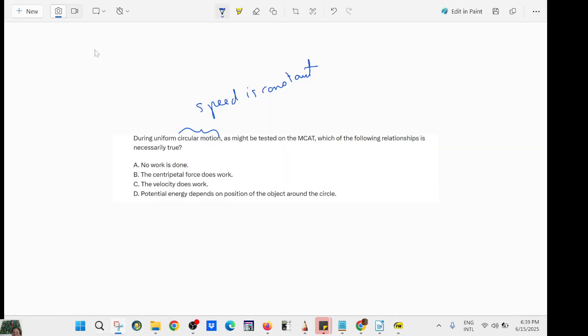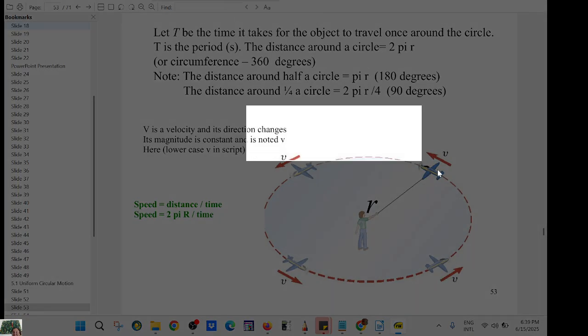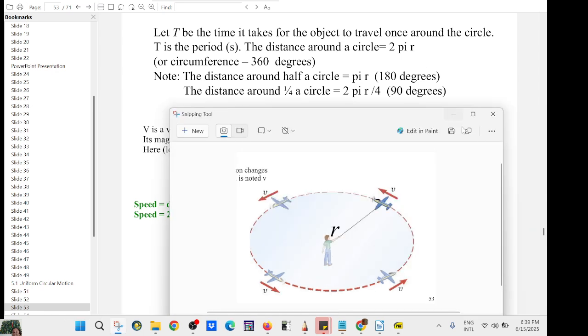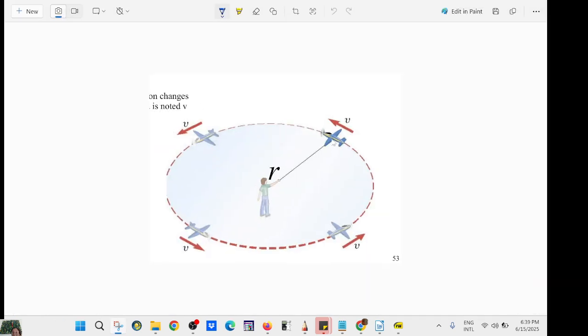So it means that you need a force to change constantly the direction. And that force here is called the centripetal force. So in that case, the centripetal force is provided by the tension here. So in magnitude, the centripetal force equals mv squared over the radius, but the speed stays the same.